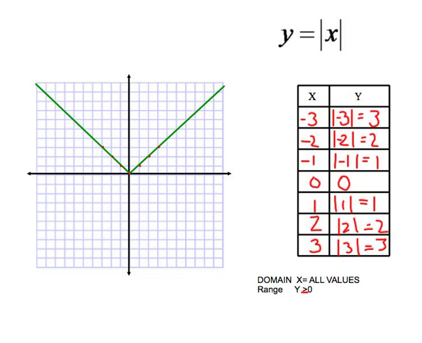Now, if you are going to graph this on your calculator, you would press the y equal button, and then you would press the second button and the 0 button at the bottom.